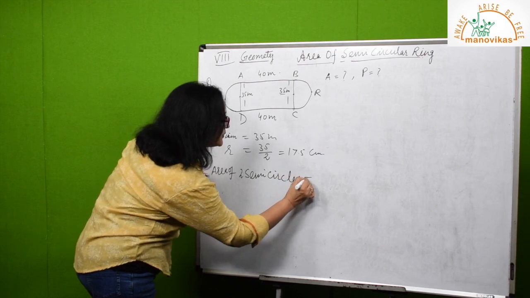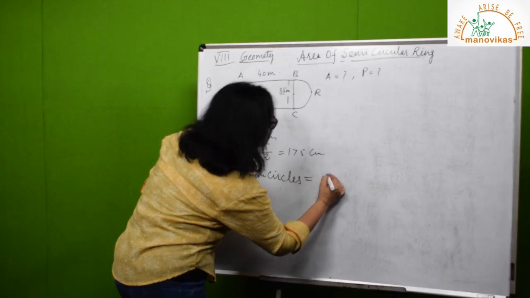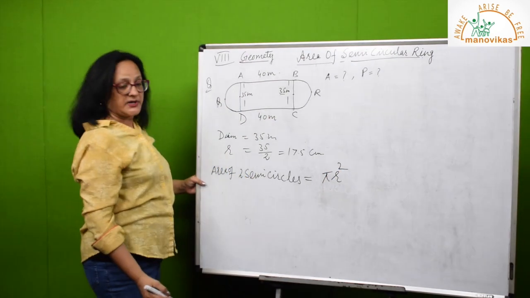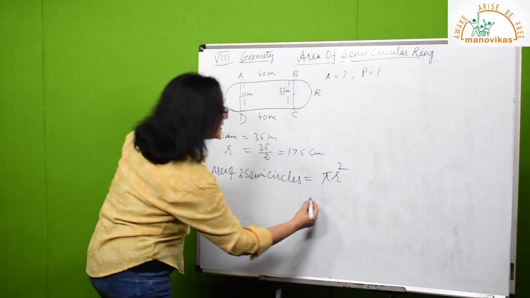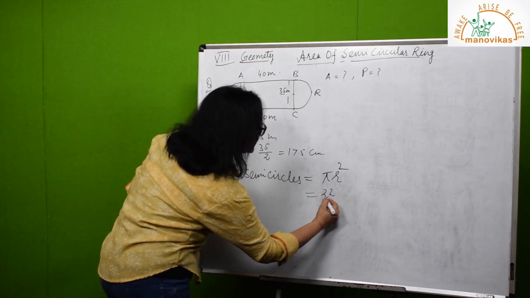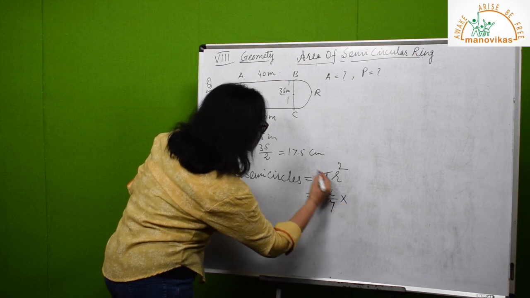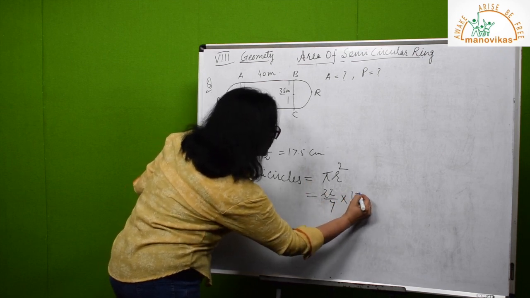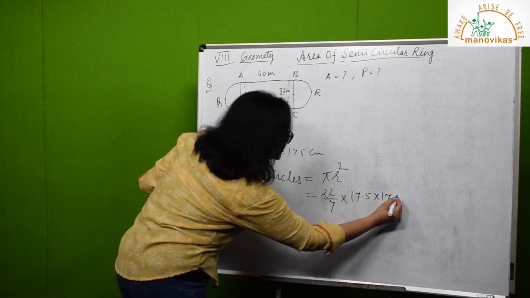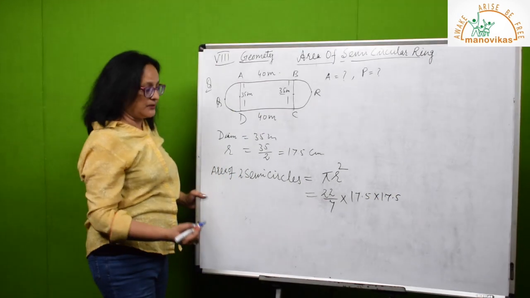This will be equal to pi r square, half pi r square and half pi r square together pi r square. Simplify, put the value of pi 22 upon 7, r 17.5, because there is r square, so you will take 17.5 into 17.5.